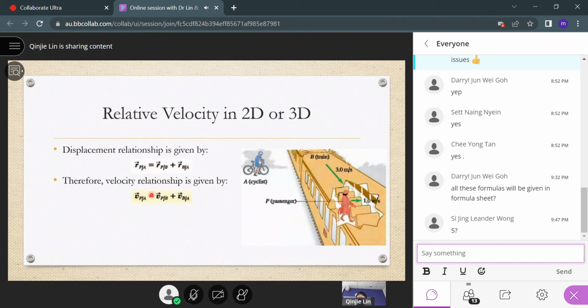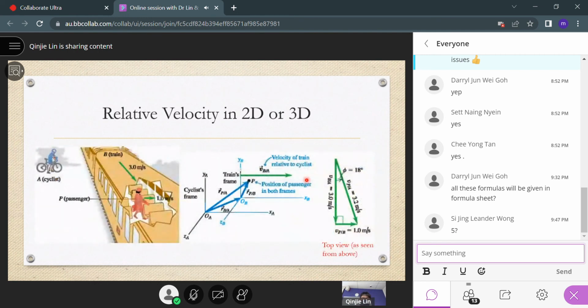And the same thing for velocity also. So just now, this illustration is better for 2D. 2D means they are on a plane. So the cyclist is outside, the train is moving in this direction, then the passenger is moving in another direction, perpendicular to the train, at 1 meter per second. So if you want to find the relative velocities, all these will become vectors.